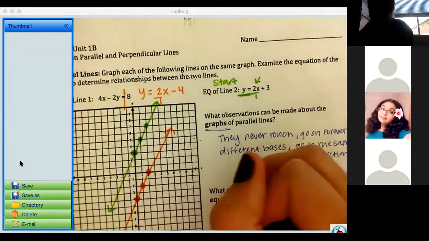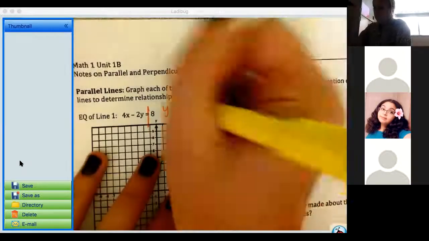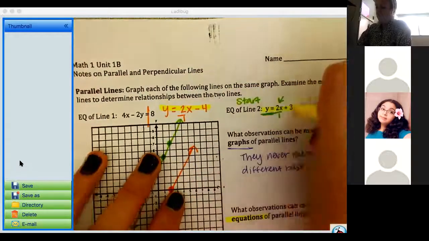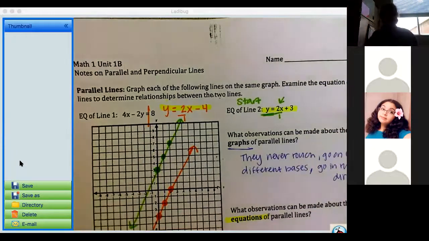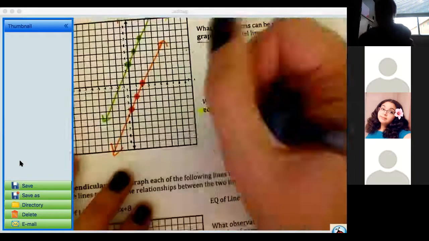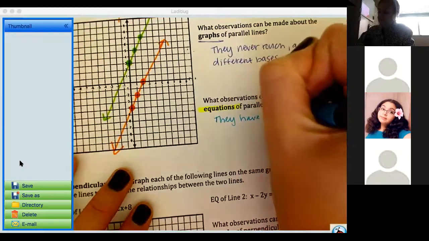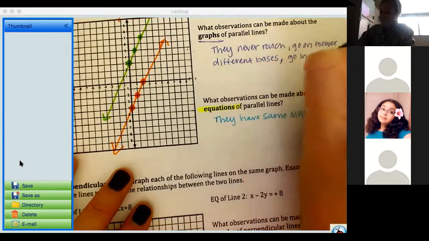All right, this one, let's look at the equations. So come up here and we're going to look at these two equations. What do you guys notice about the equations? Oh, can you say that again? Brooke said they have the same slope. That's perfect.